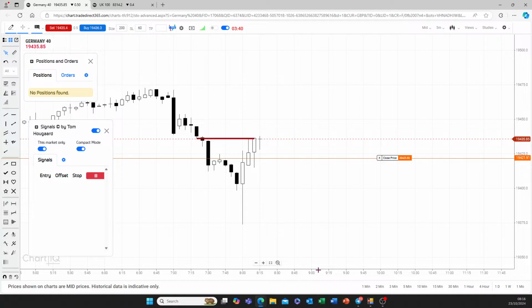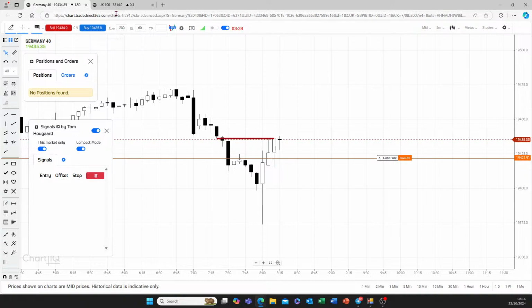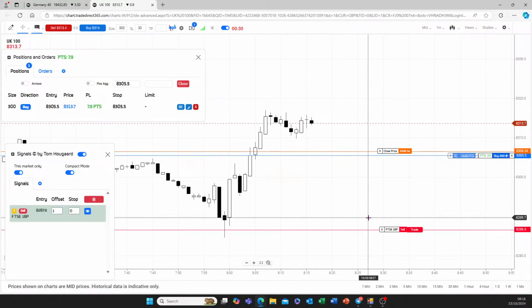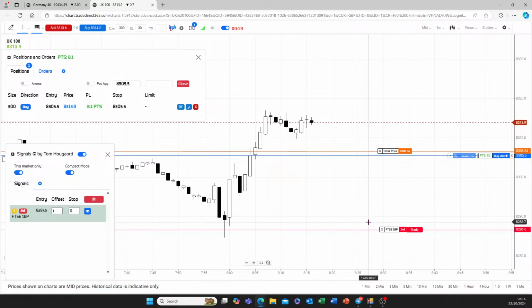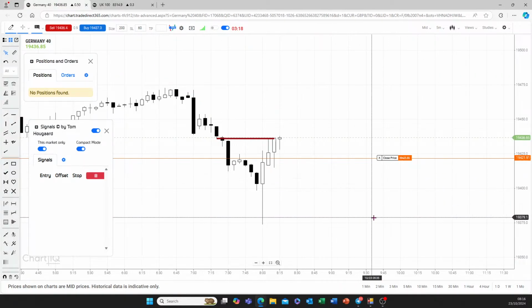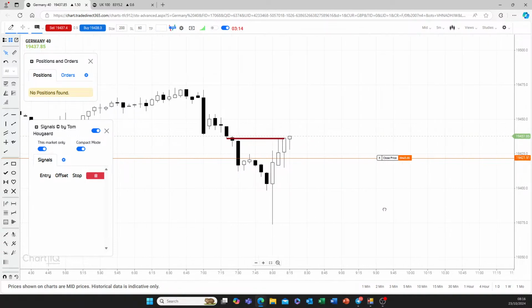The DAX is up 12, 13 points. So it's one of those slow motoring mornings. So this kind of pattern here, which suggests we're going to see 70.